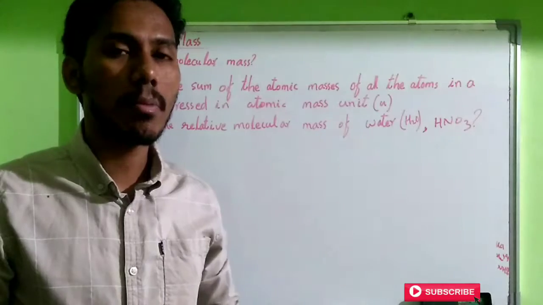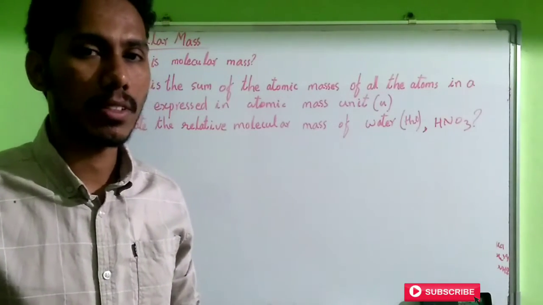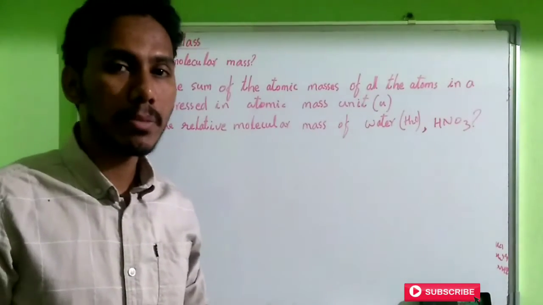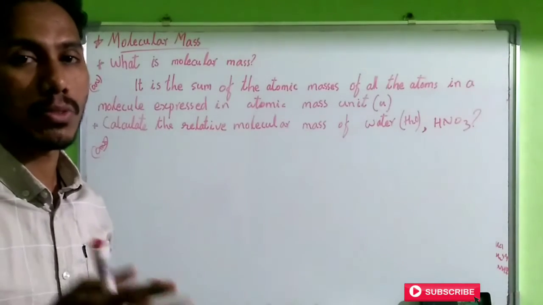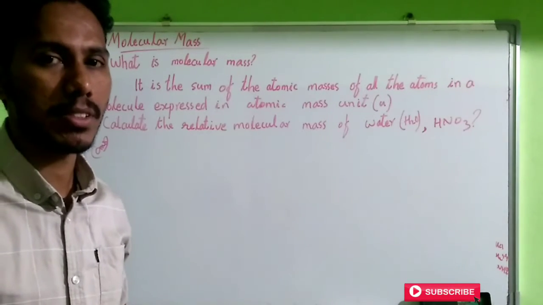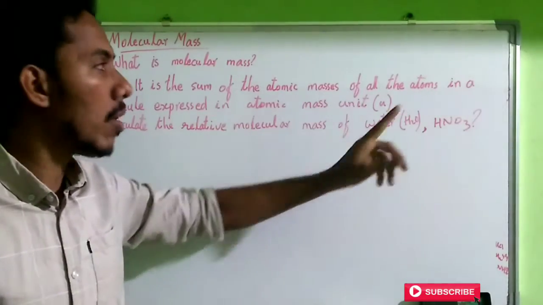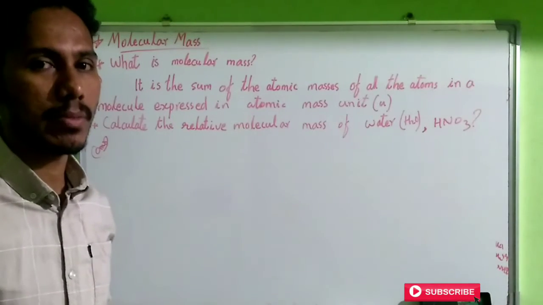Then what is molecular mass? This is an important question. What is molecular mass? In the previous class we studied the atomic mass and also the atomic masses of some elements. It is the sum of the atomic masses of all atoms in a molecule, expressed in atomic mass unit.